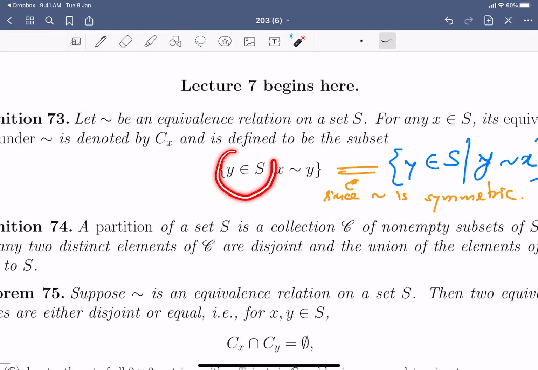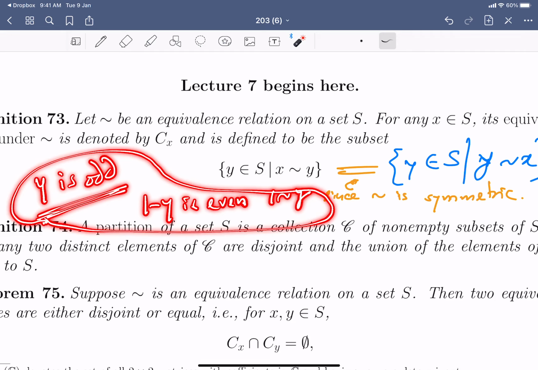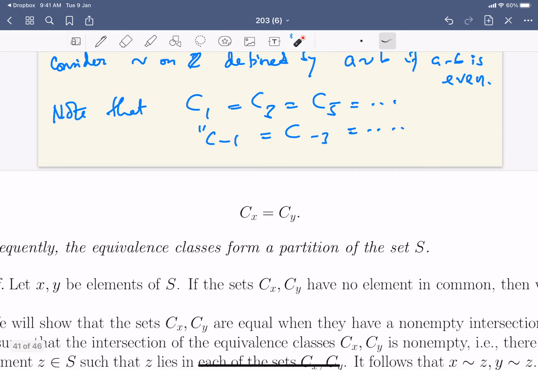Then you are collecting all the elements Y from Z such that 1 is related to Y. We write that 1 is related to Y when 1 minus Y is even, which is the same as saying that Y is odd. So C of 1 is the set of all odd integers.